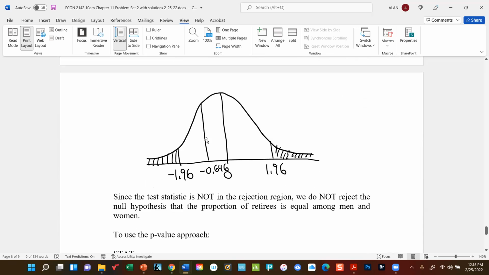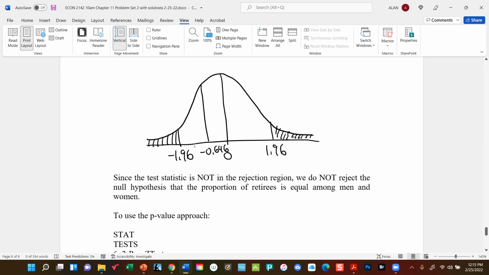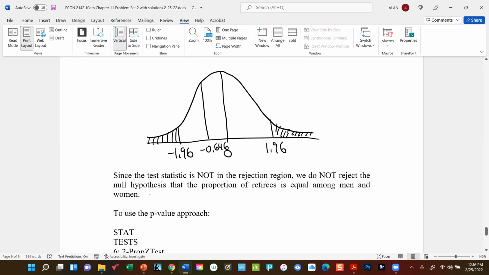So yeah, it's in there. It's not in the rejection region. Therefore, we do not reject the null that the proportion of retirees is equal among the men and women. So in other words, basically the way this can be interpreted is that there's insufficient evidence to show that the proportions are different.